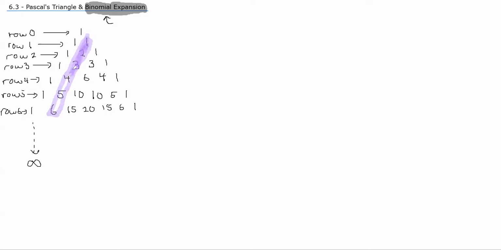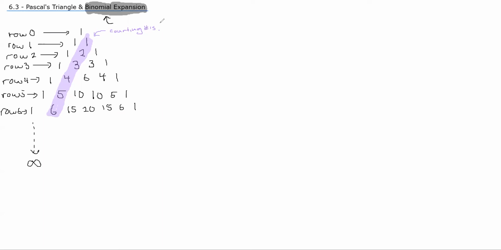It just so happens that we start from 1 and we're counting up. Hence, this diagonal is actually referred to as the counting numbers. Okay. And why do we use row 0 as my first row?